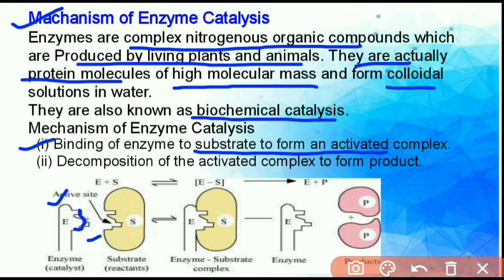A reactant molecule with a complementary shape fits into the cavity, just like a key fits into a lock, and forms the activated complex. In the second step, the activated complex decomposes to form the product.